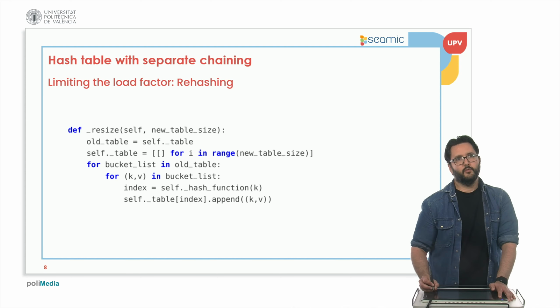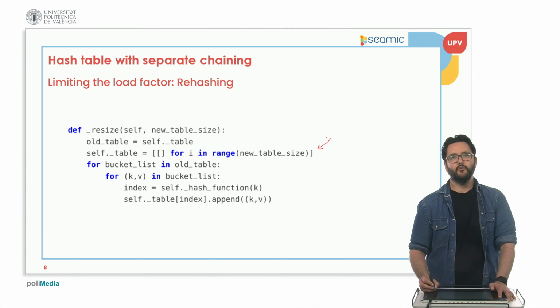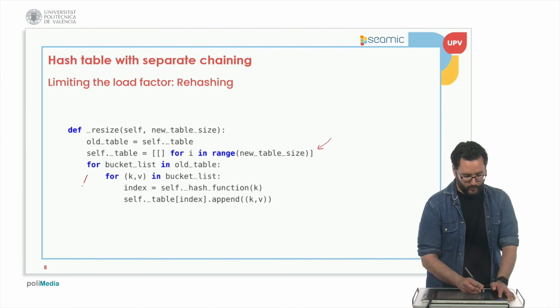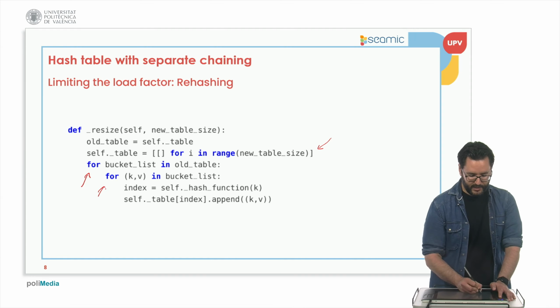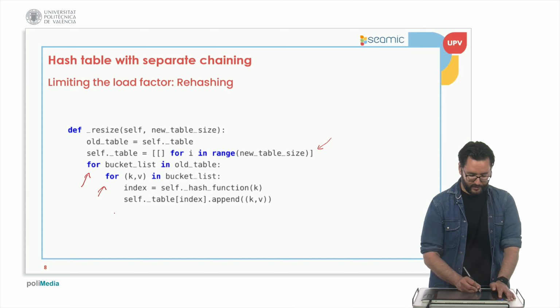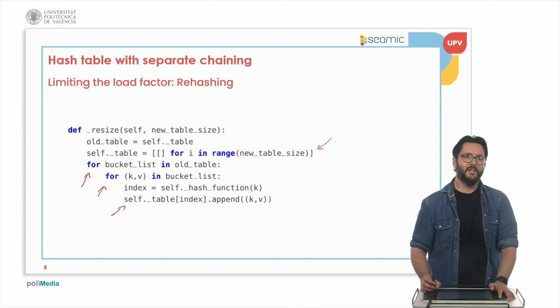This is the method that we are including in our implementation, where we create a new table with more room for buckets, and then we iterate over each bucket, and on each bucket we iterate and rehash the elements again to include them into the new list.